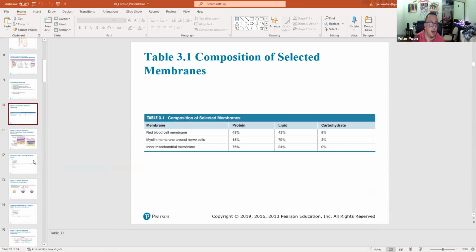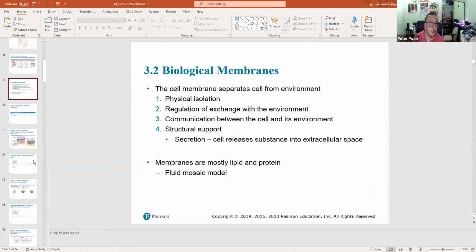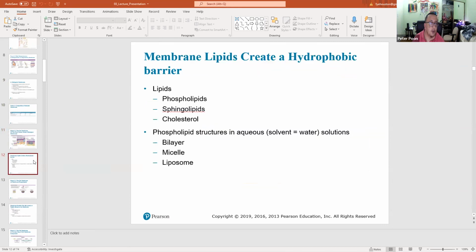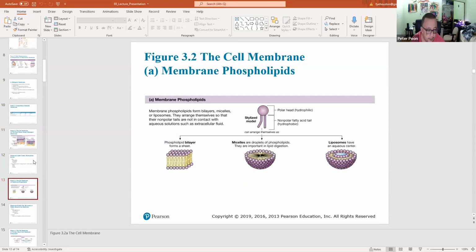What else is there? Lipids. Here are the membrane phospholipids. So this is a typical picture of a phospholipid.